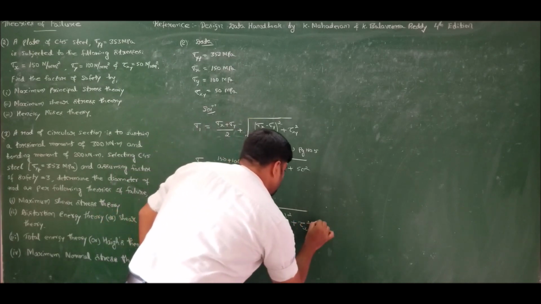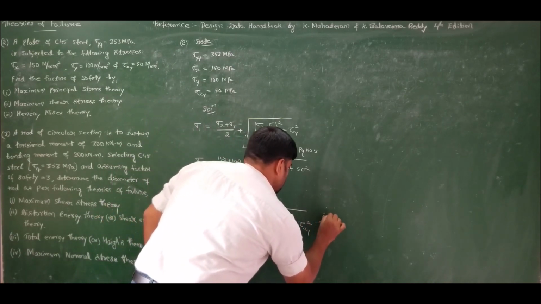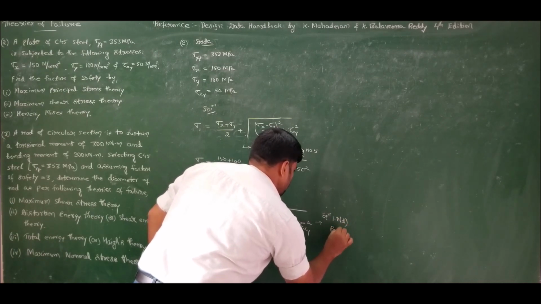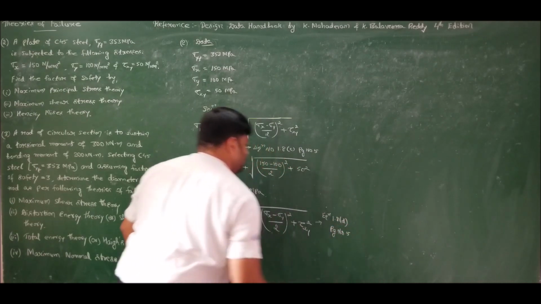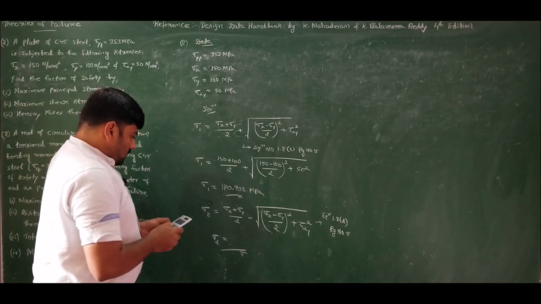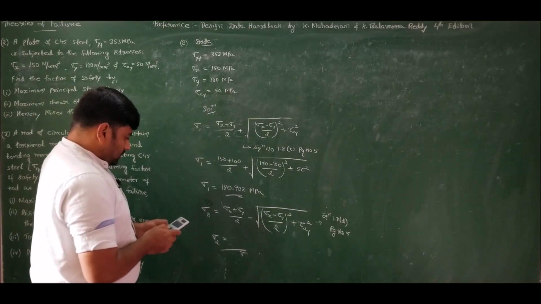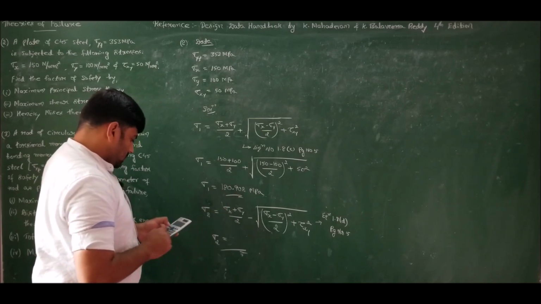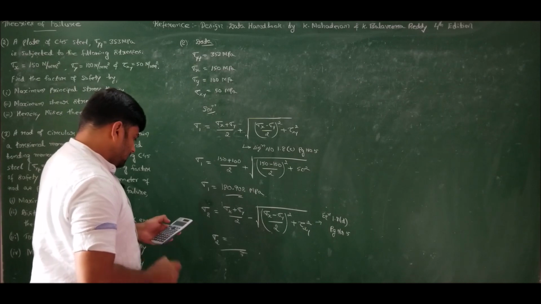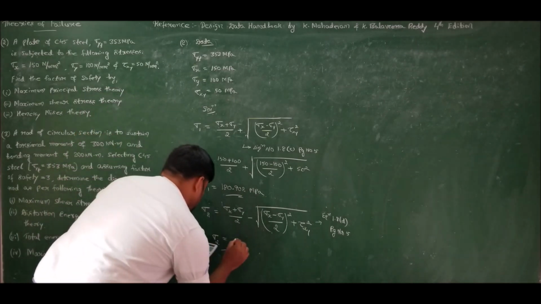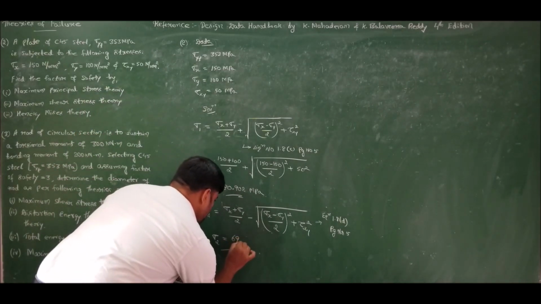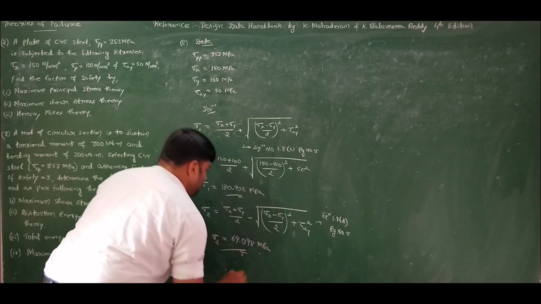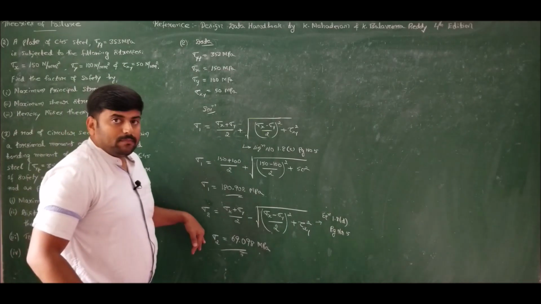This is equation 1.8d, referring to page number 5. If I change it to minus, I will get the answer as 69.098 megapascals, which is the magnitude of the minimum principal stress.